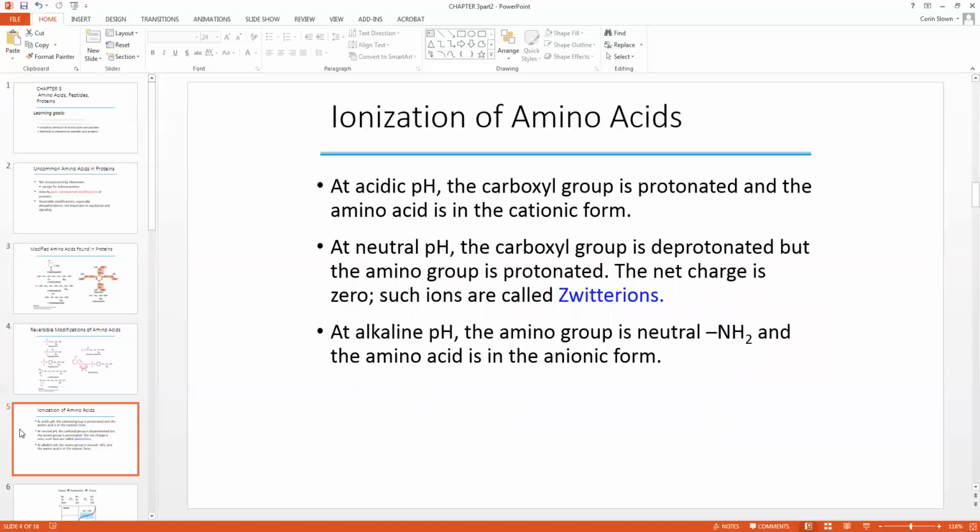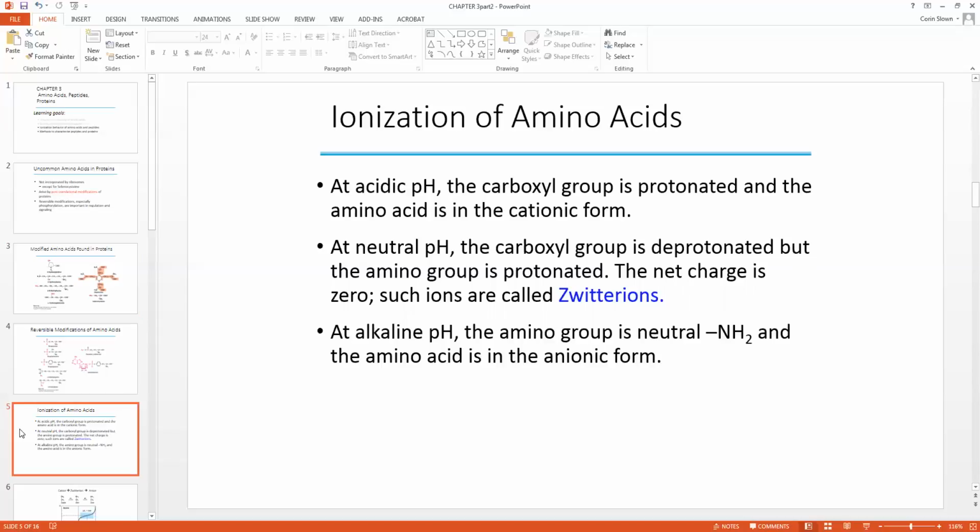So we're going to hone in today talking about the ionization of amino acids. So when I'm in an acidic environment, so when my pH is low, the carboxyl group is going to be protonated. That means it keeps its hydrogen. And when I think about that, that means that likely my amino acid is going to be in a cationic form because that amino group has a positive charge.